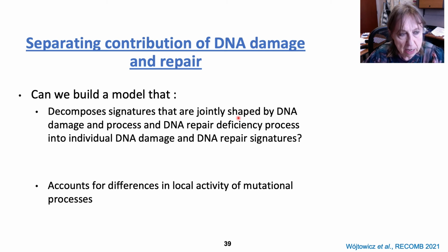However, what still remains open is, can we actually describe the signature of those DNA damage and repair processes separately? And this is actually the topic of our subsequent studies that will be presented at this upcoming RECOMB, and I will only briefly summarize it here.